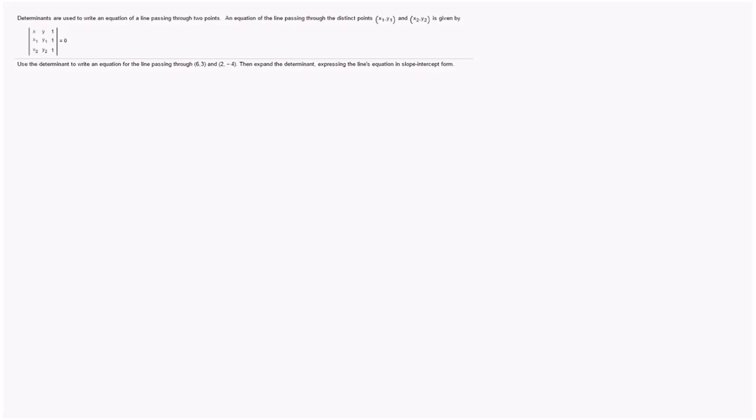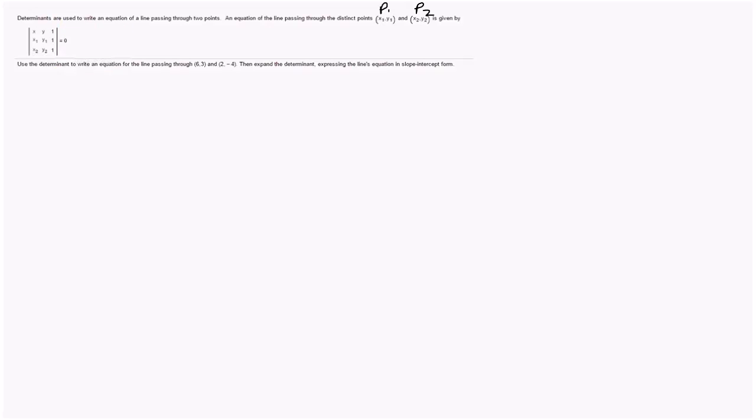So this is the one that you were looking at, and it's an application problem. So what it's saying is that determinants can be used to write an equation of a line passing through 2 points. An equation of the line passing through distinct points x1, y1, so like point 1, and x2, y2 being point 2, is given by the augmented matrix shown here.